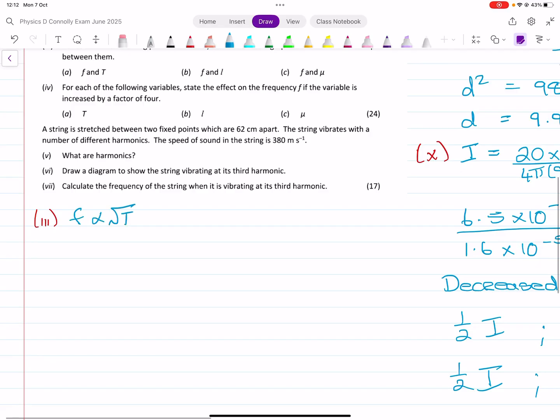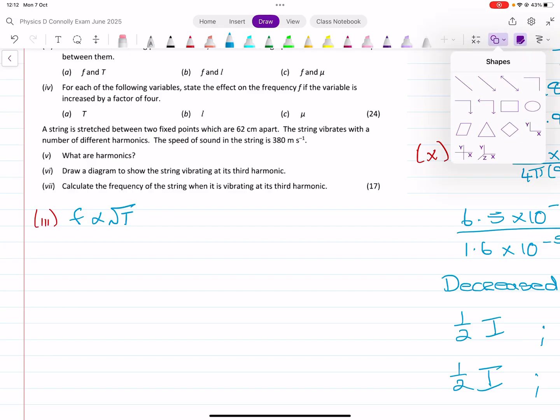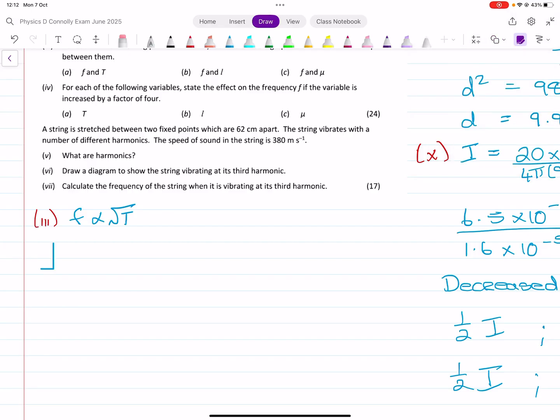But frequency is proportional to the square root of tension. So if you just do this and go root T and f, that will be a straight line. That's that one. B.